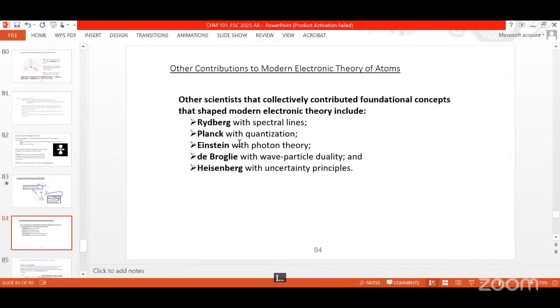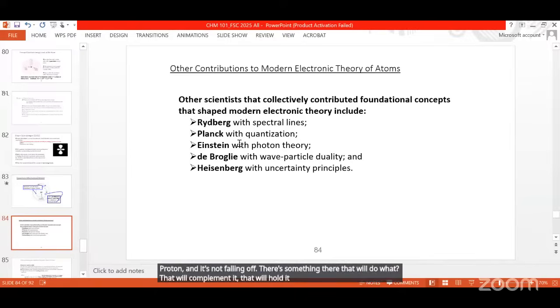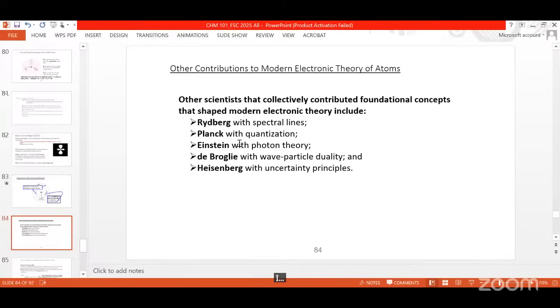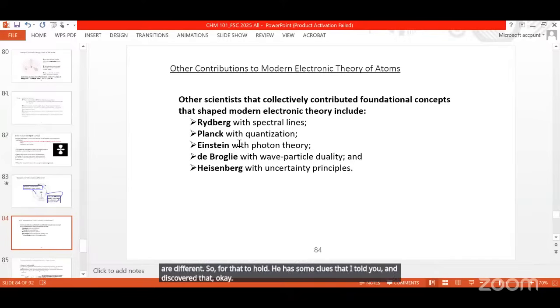Then James Chadwick now said, okay, for us to have proton and it's not falling off, there's something there that will complement it, that will hold it, which should be something different. So for that to hold, he had some clues that I told you, and he discovered that, okay, you have neutron here.